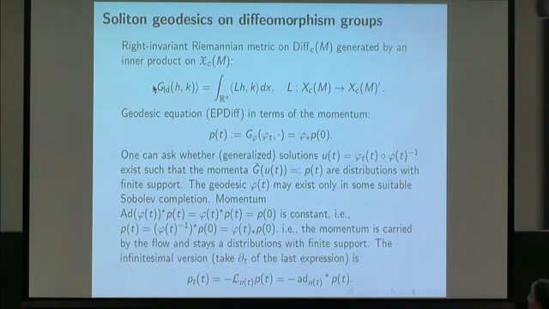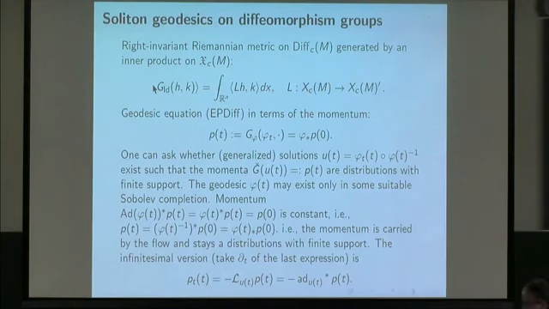The inner product is given by an inner product on the Lie algebra, written like an operator L applied to a vector field, taking an inner product with respect to a Riemannian metric on M, and integrating it over the manifold. Here it's written for Rn, where L goes from vector fields with compact support to distributions, to the dual space.